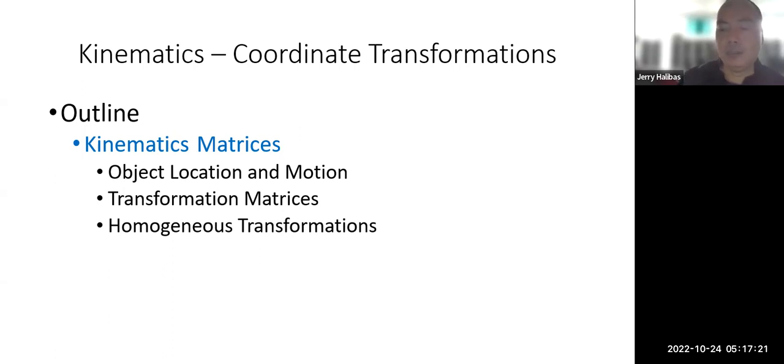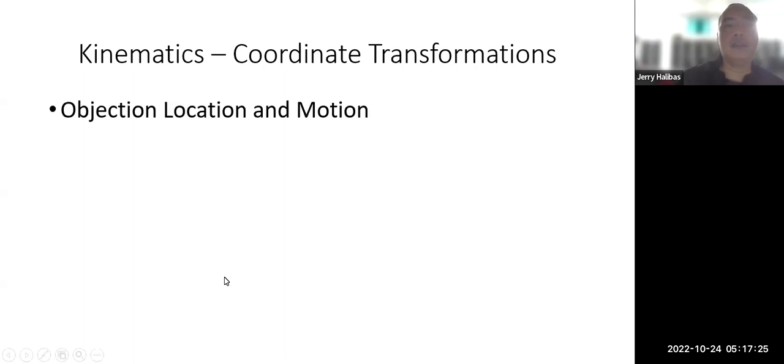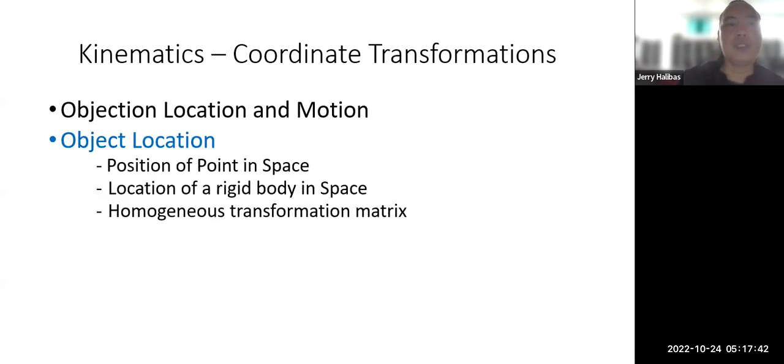Okay, so next. So object location and motion. So how are we going to represent the location of the object as well as the motion?